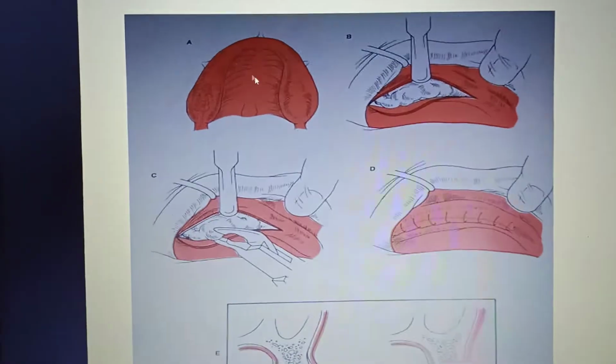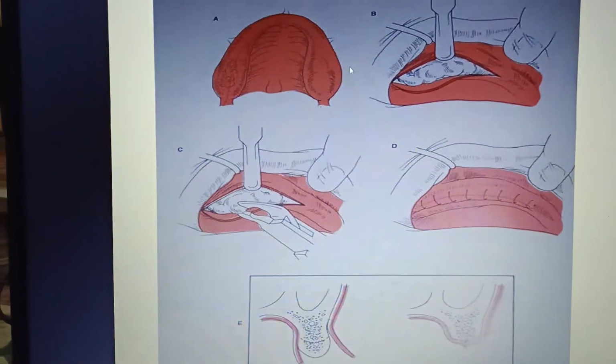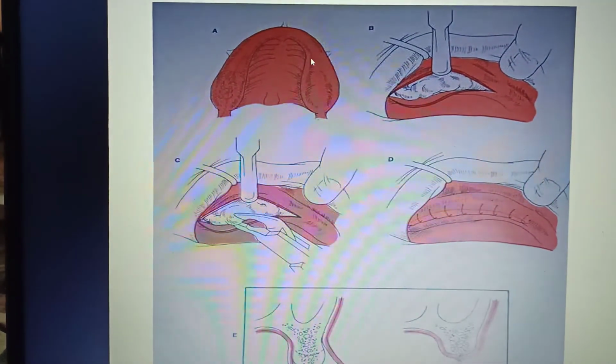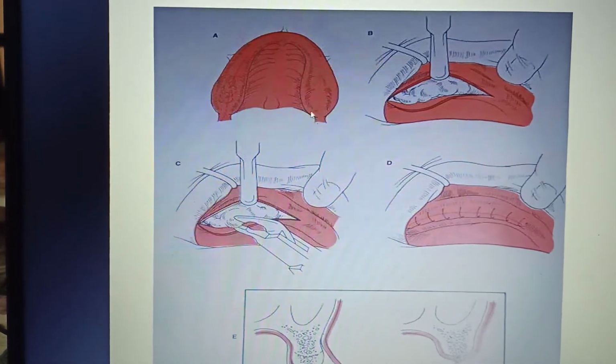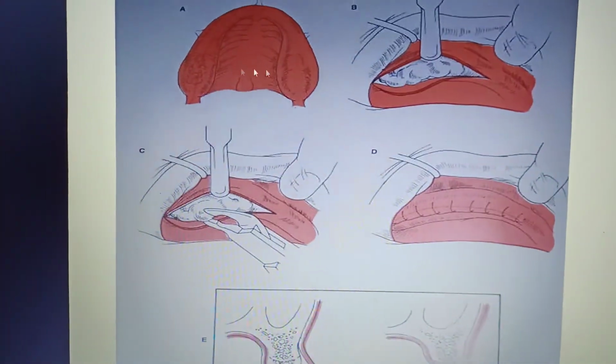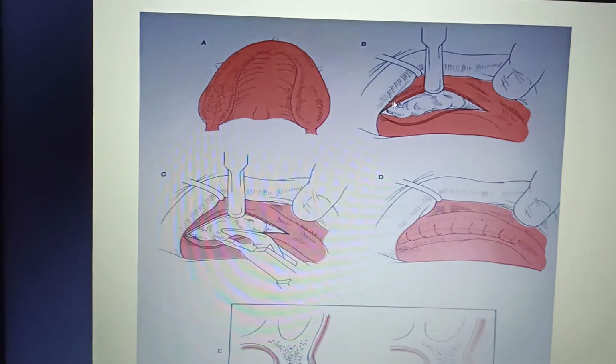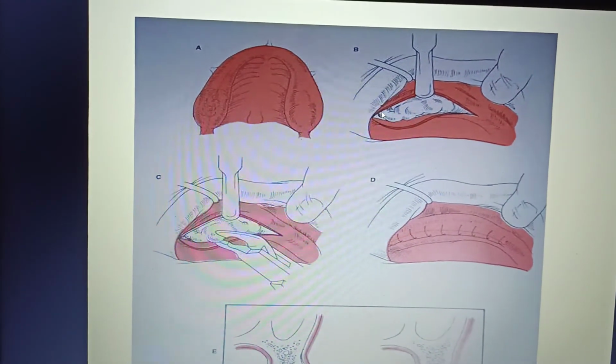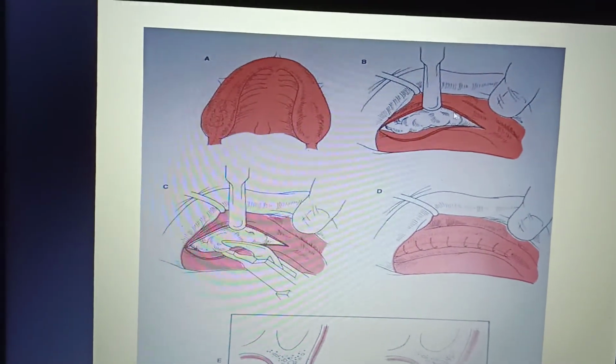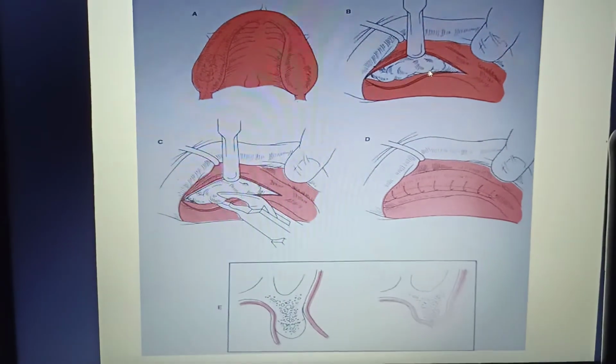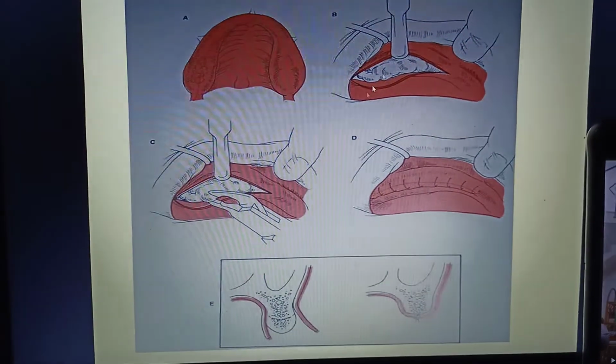So we are looking at very bulbous maxillary tuberosities here, bilateral. So that is the crestal incision and a full thickness mucoperiosteal flap has been raised.